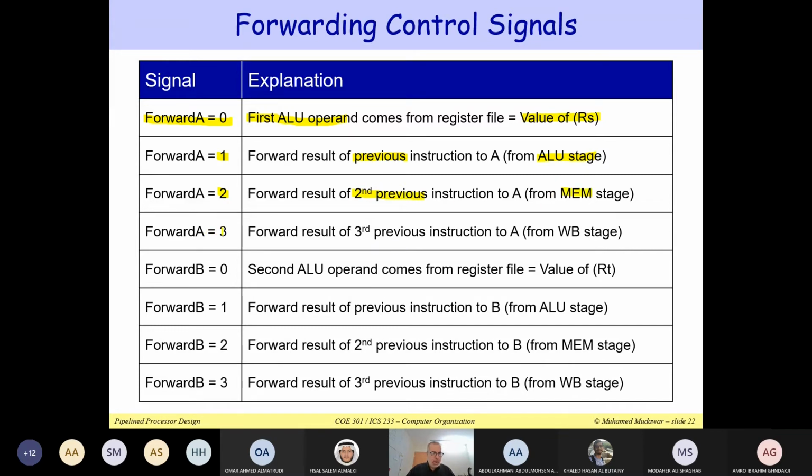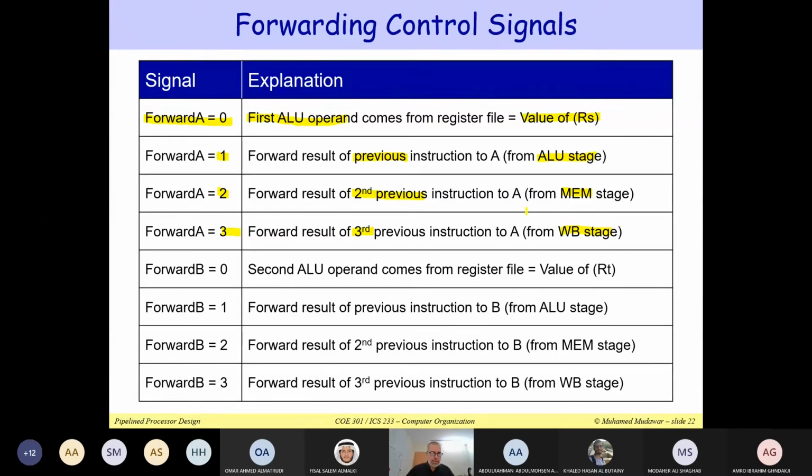And 3 means that we are forwarding the result of the third previous, which is in the write back stage. So these are all the possible control signals for forward A. Either 0 means there is no forwarding, 1 means the previous instruction, which is in the ALU, 2 means the second previous, and 3 means the third previous.